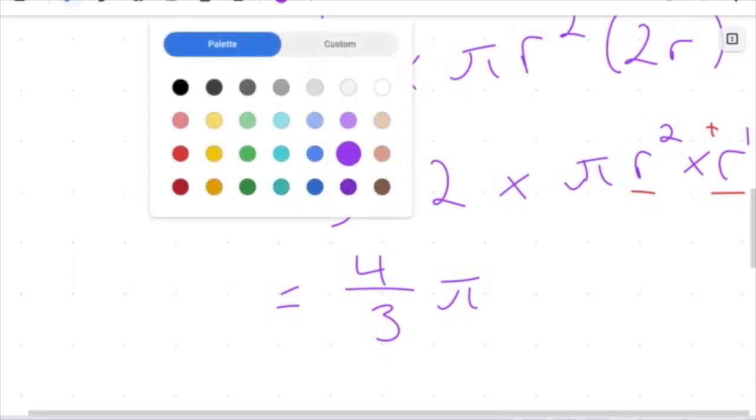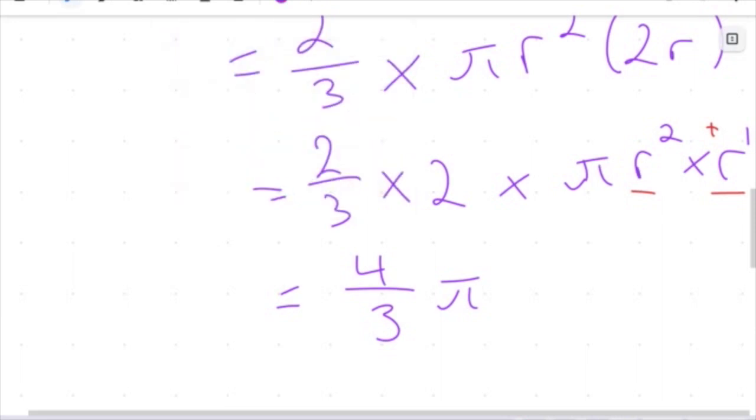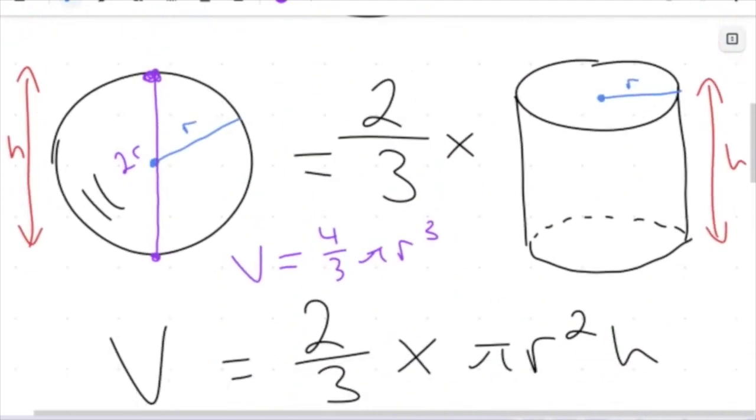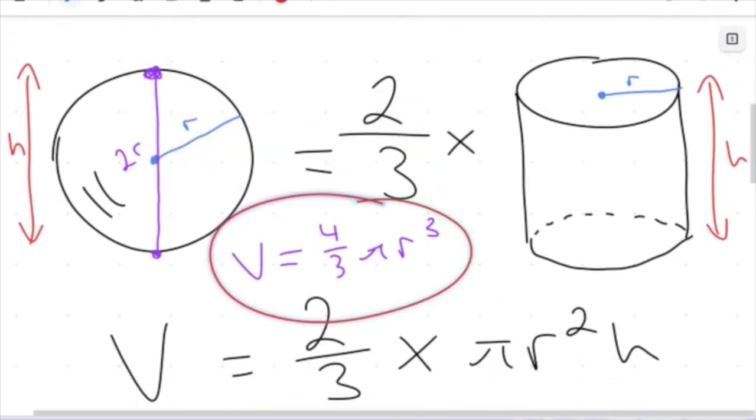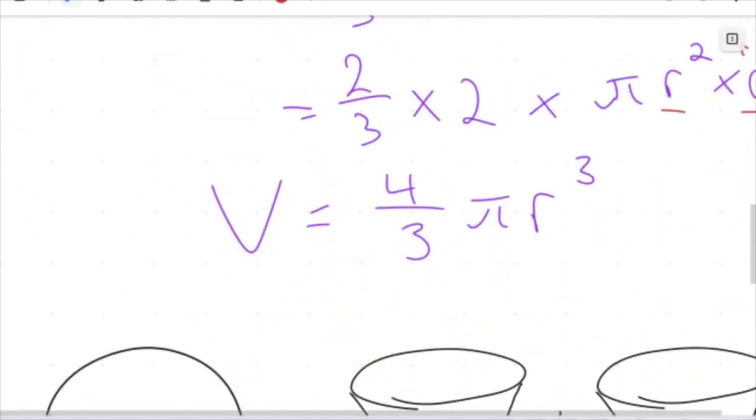So r squared times r, or times r to the power of 1, gives me r to the power of 3. So we arrive at an expression for the volume down the bottom, which is exactly the same as the expression that you guys would probably have seen in your textbooks. So this is one way we can think about the volume of a sphere.